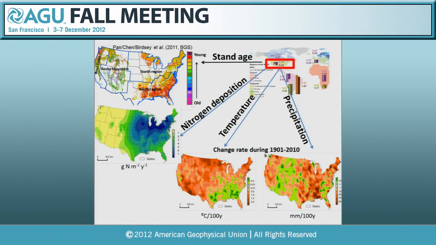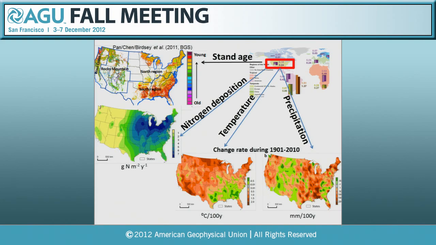And this sink could be related to various processes. And here I list some data sets that could be used for studying these processes. One is the forest age map, a compilation from various sources, in particular forest inventory data. This was published in BGC last year also.